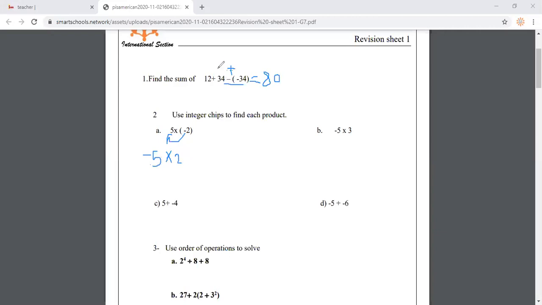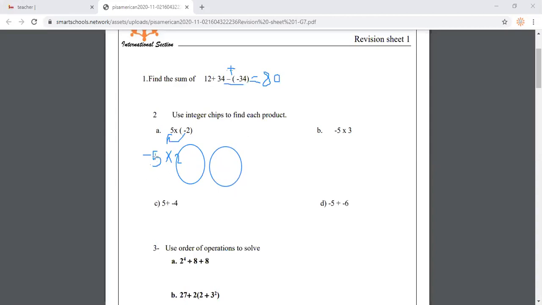How many times do we want to repeat it? 2 times. So we will draw 2 large circles, 1, 2, and in each of them, we are going to put what? How many?